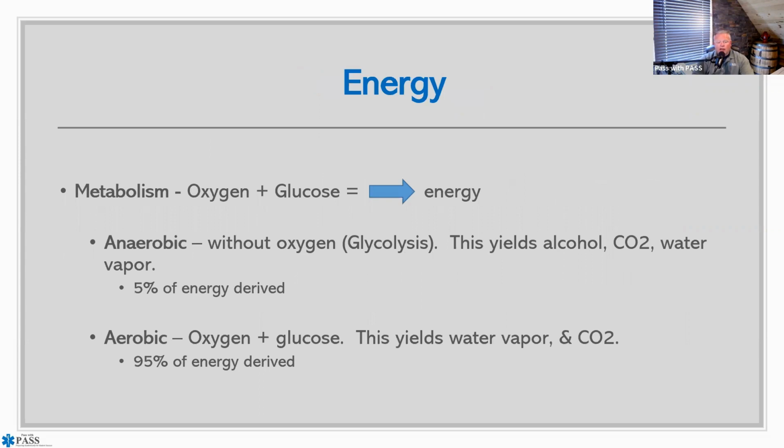All right, so energy. When we talk about energy, we need to understand a couple of things. First and foremost, that metabolism requires both oxygen and glucose. If we do not have oxygen and glucose, then we're not going to have the byproducts that we're looking for, which is CO2 and energy. And energy is where we end up getting the CO2 production from.